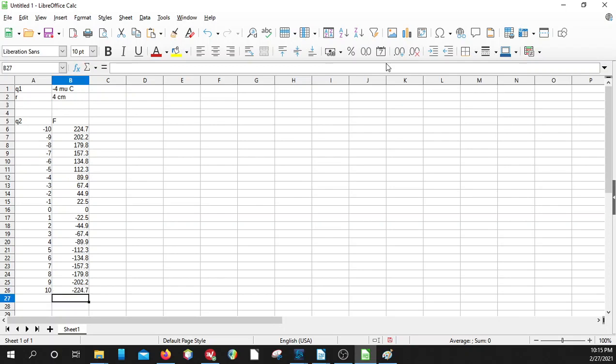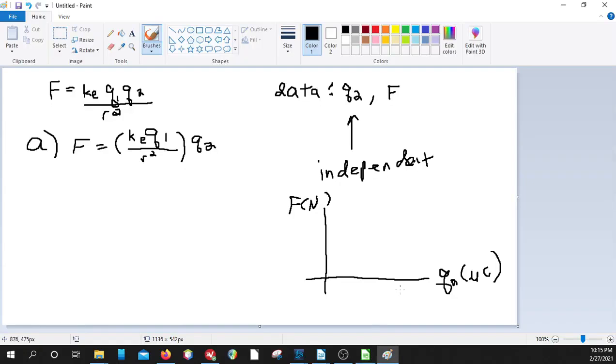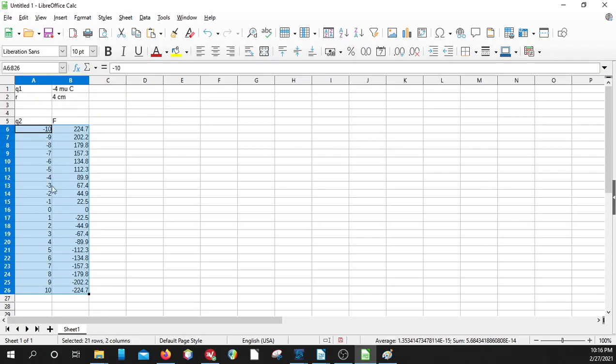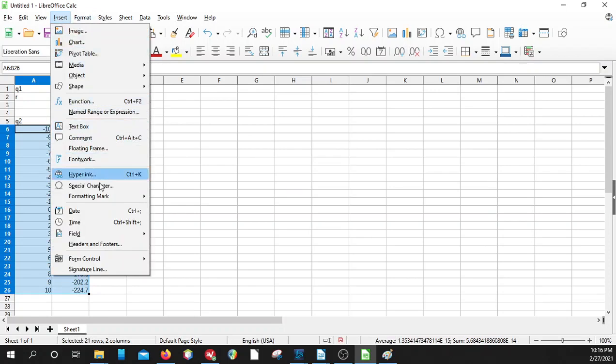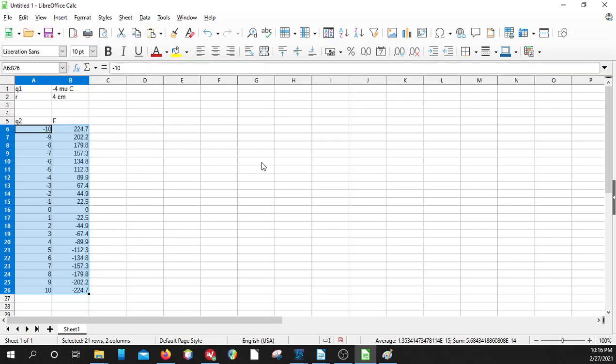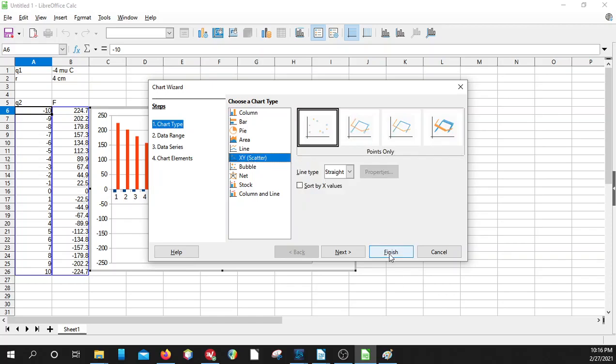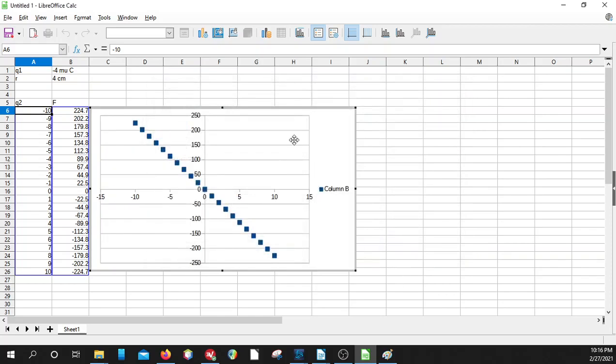Okay, so a lot of data, but it's a pretty quick process. And then going back to the picture, remember we want to plot the force as a function of the charge. So, yeah, if we highlight this, the charge will be on the x-axis, force on the y. And again, just insert chart. And then we go with XY scatter. And I'm just going to hit finish.